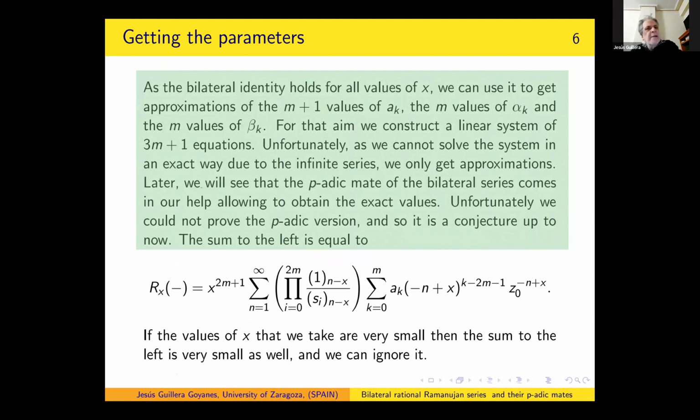All we need is to construct a system of 3m plus 1 equations. Unfortunately, as we cannot solve the system in an exact way because infinite series are involved, we only get approximations. So the bilateral series cannot prove the rational values of the coefficients.